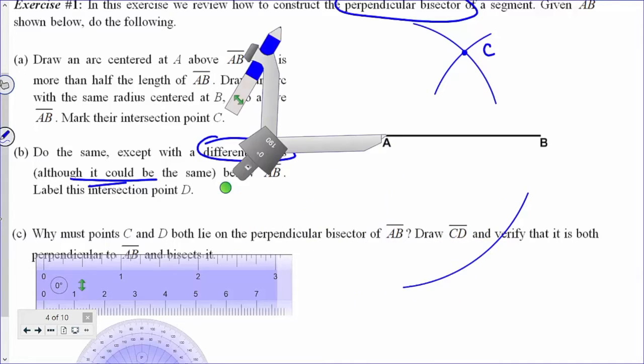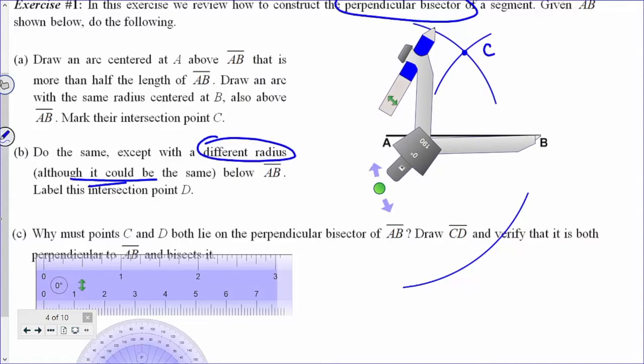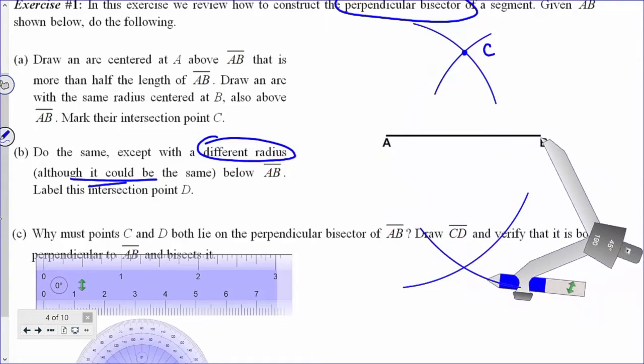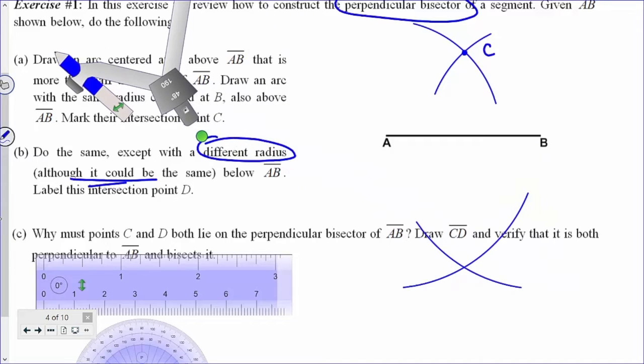Okay, flip my compass so that I have the point at B. Again, let's get that arc drawn. Okay, and get rid of my compass. It says mark that point D, which I will. Okay, label this intersection point D.